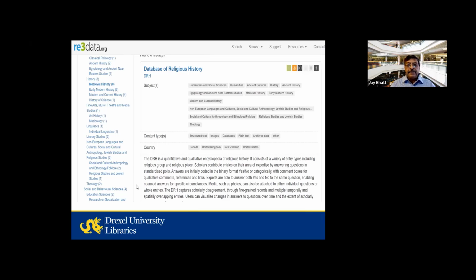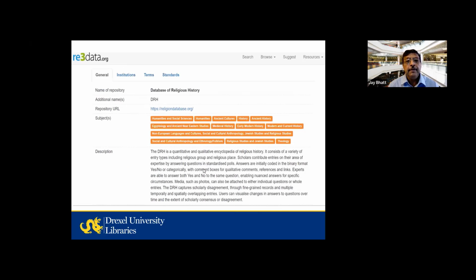The point I'm making is data is available in all disciplines. It is important that you learn how to access and find data in your particular discipline using repositories like ARDA data.org or ICPSR, for example. This is a database of religious history, and that takes you to religiondatabase.org.